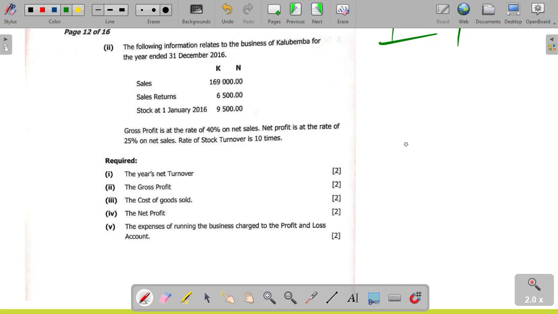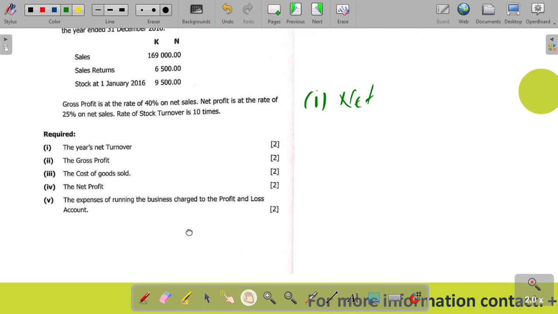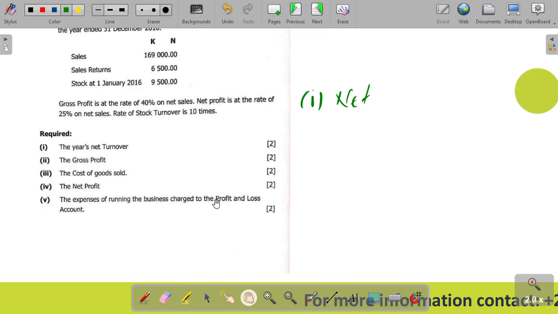Okay, let me just write here for the first one. So we're calculating net turnover. Formula: net turnover is calculated by sales minus what?